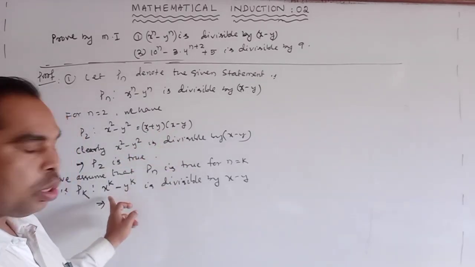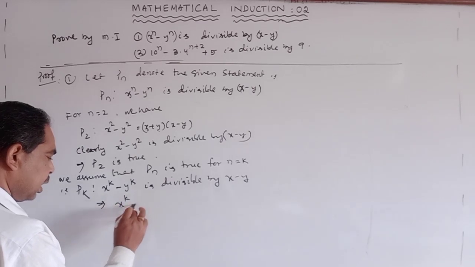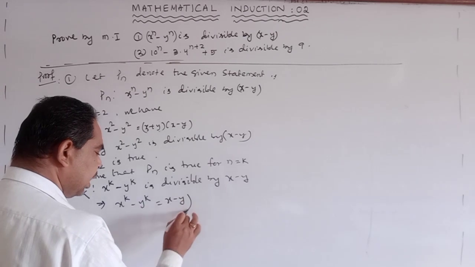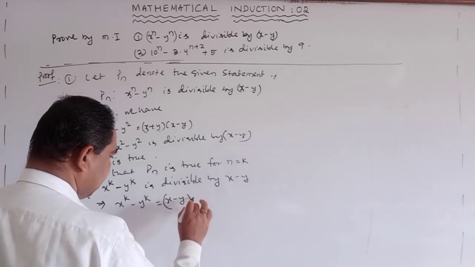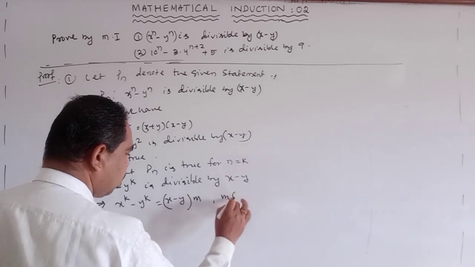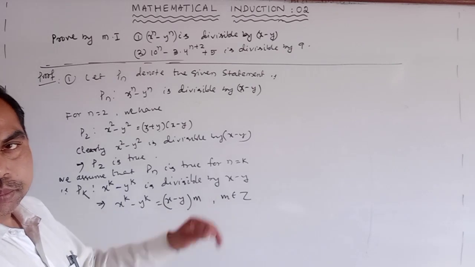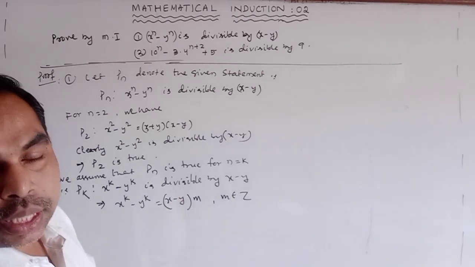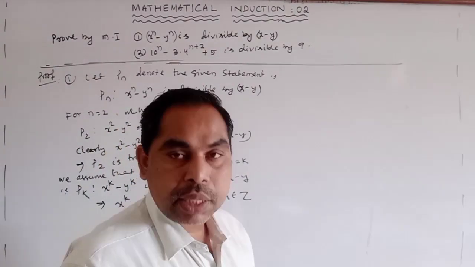Similarly, x to power k minus y to power k is equal to x minus y times an integer m, where m belongs to Z, because it is divisible by x minus y. Suppose n is divisible by 2, so we can write n is equal to 2 times m.